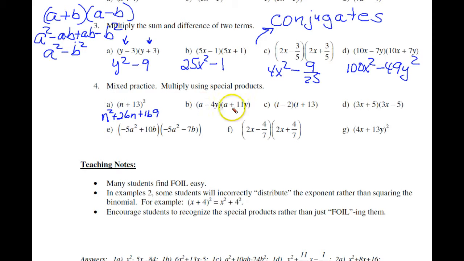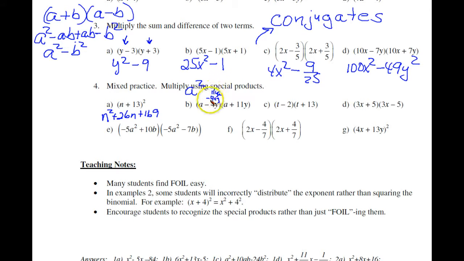All right, what are these? Are they conjugates? No. So we're going to have to FOIL. So a times a is a squared. Now our outers, another way to do this is this way, is 11y, put it small, positive 11y, and it's ay actually, I guess. I can put it the other way too. And then the inners, a negative 4ay.